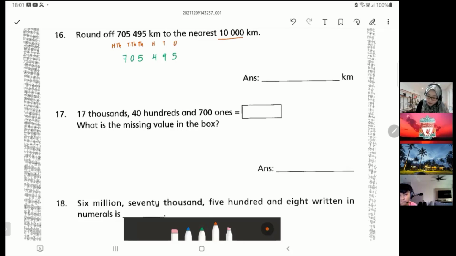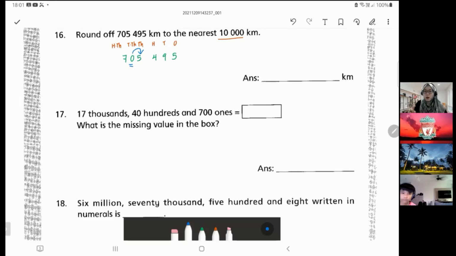So where is the 10,000 place? It is this number 0. Underline the number, then draw an arrow and point to the number beside it.